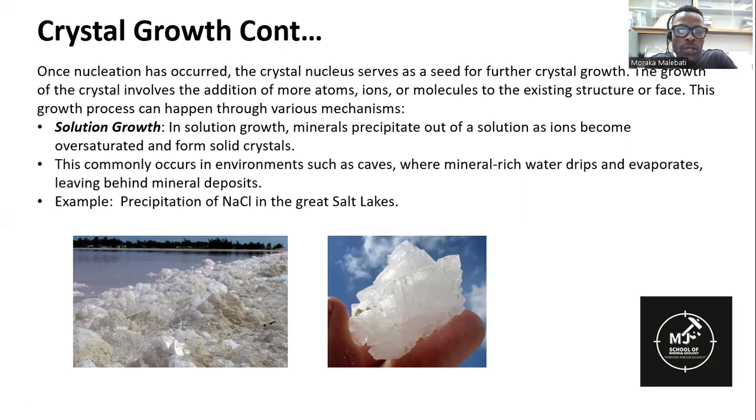So once nucleation has occurred, the crystal nucleus serves as a seed for further crystal growth. So we need that seed that formed during the process called nucleation. When we have that seed, then the mineral must grow, and for the mineral to grow, it needs some conditions.